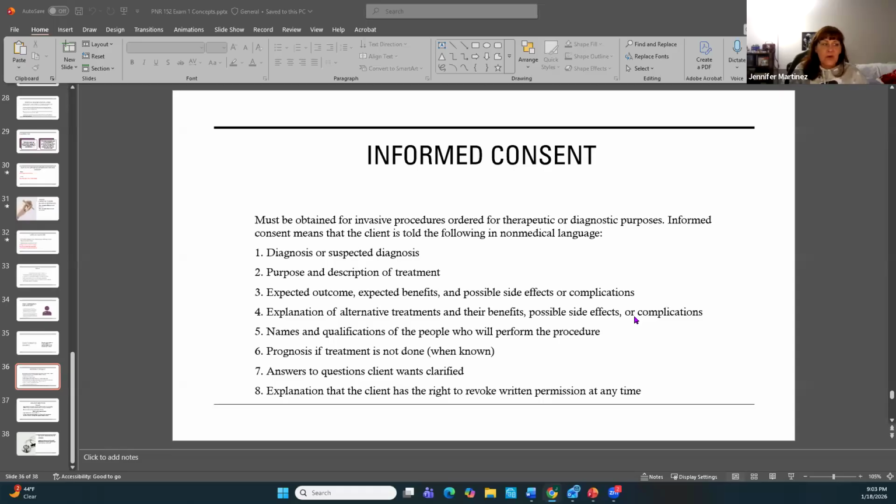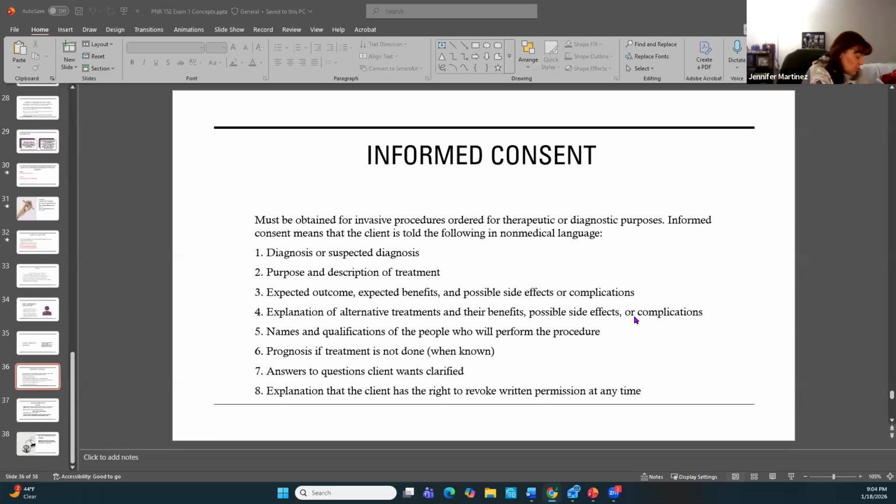Maybe we're going to do an exploratory laparotomy, go in and look around, maybe take some samples, do some cultures, whatever. What are the expected outcomes, benefits, and possible side effects or complications? The good, the bad, the ugly. What can go wrong? What can go right? What are the worst case scenarios?